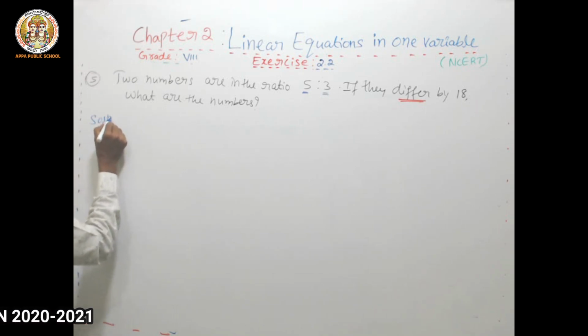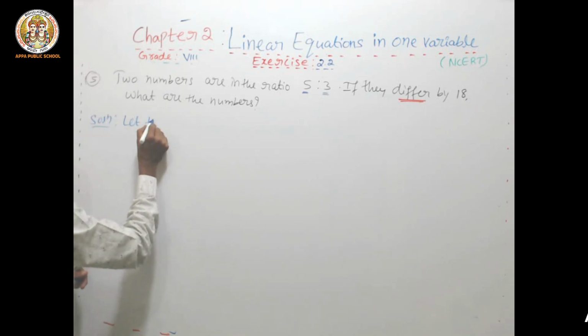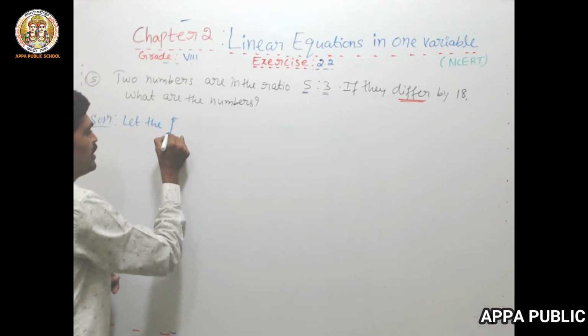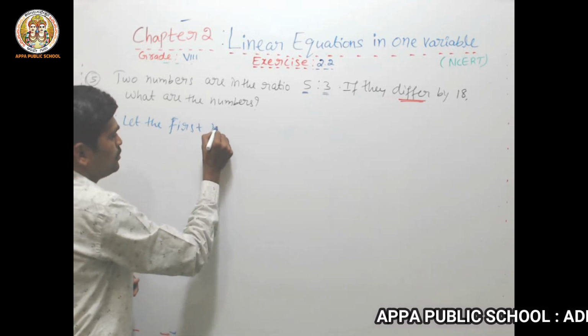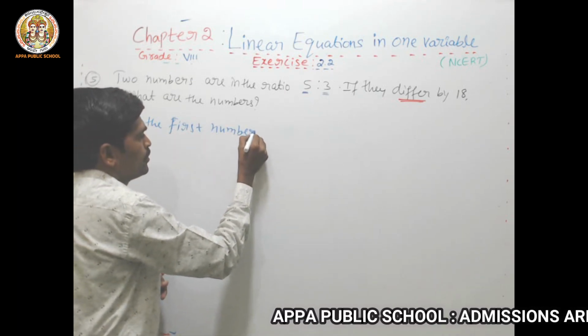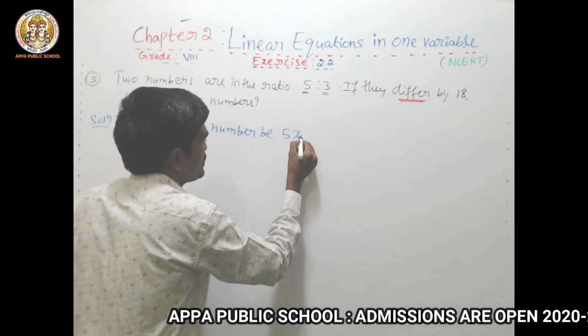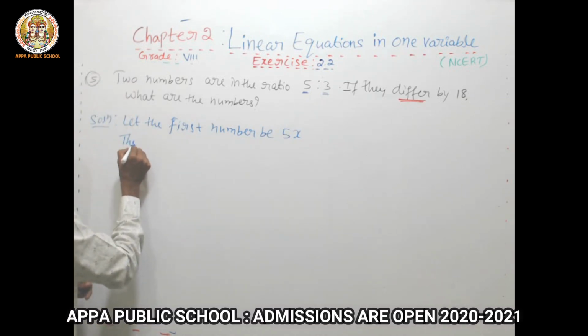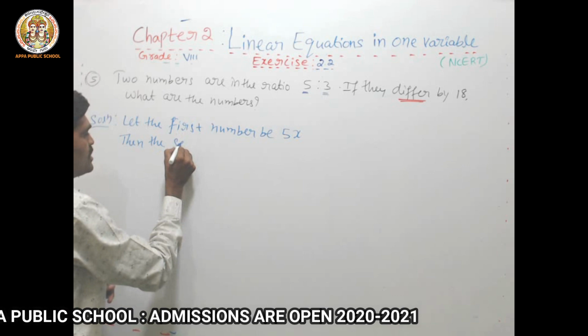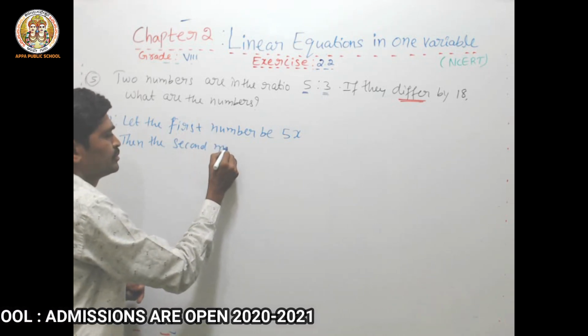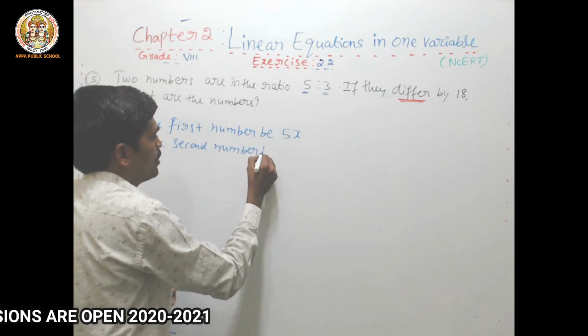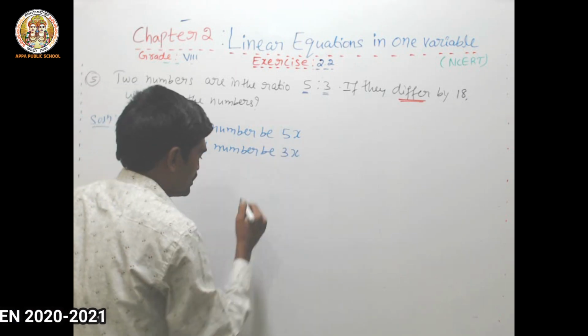Solution: let the first number be 5x, then the second number be 3x.